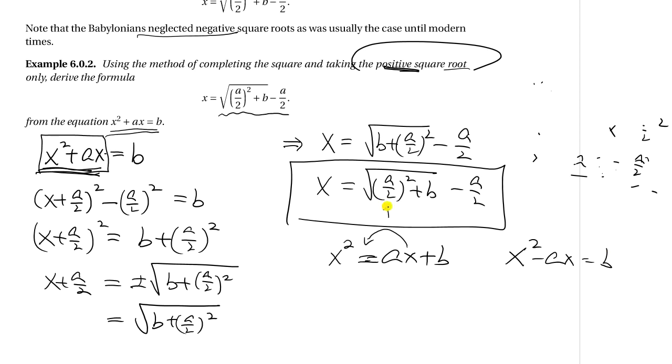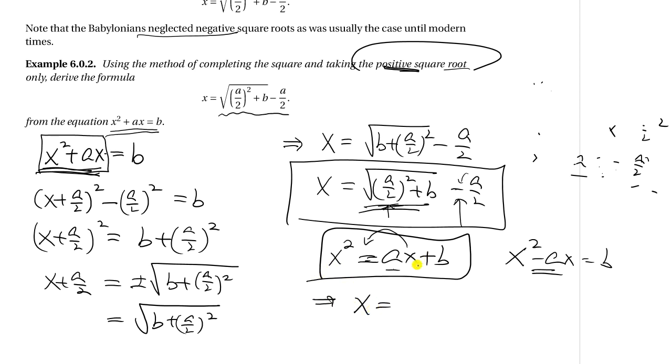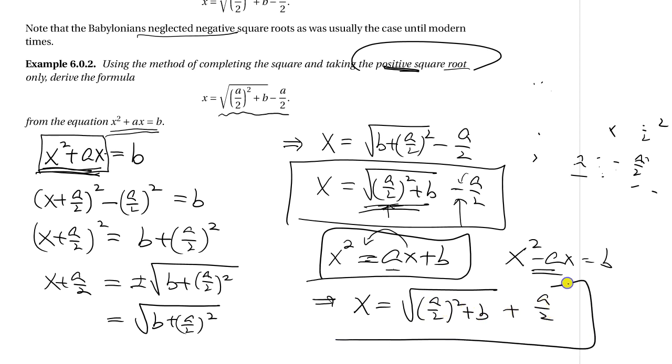So for this complete square form, no matter whether a is positive or negative, it becomes positive there, so it doesn't change at all for that. The only change is that operation, because a comes with a negative, so it makes positive. So for that case, the formula for x is the same radical form, the square root of (a over 2) squared plus b, and it's plus a over 2. Okay?